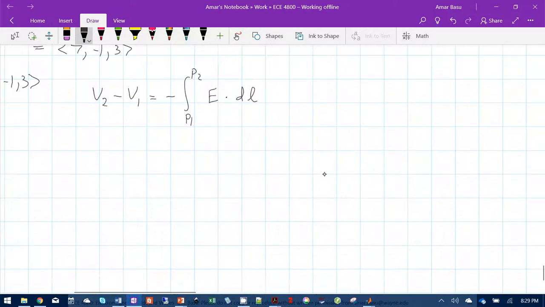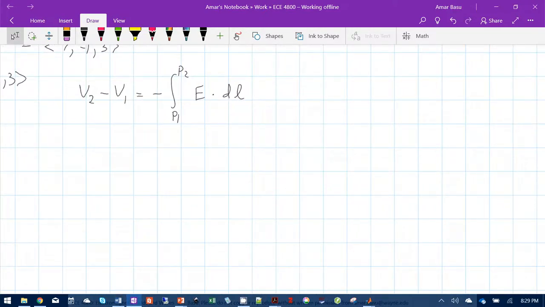Whenever we have a line integral like this, or a surface integral, or a volume integral, we break it down into the individual parts. We know that this is the dot product between the electric field and dl. So first we define what dl is. What's an equation for dl?